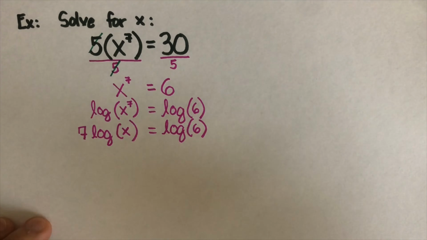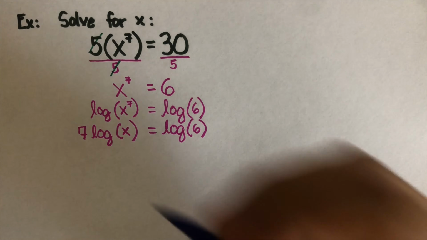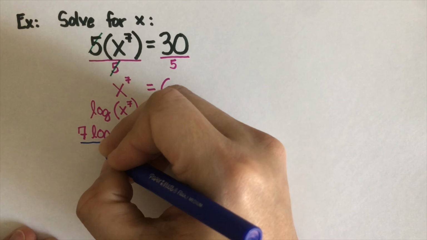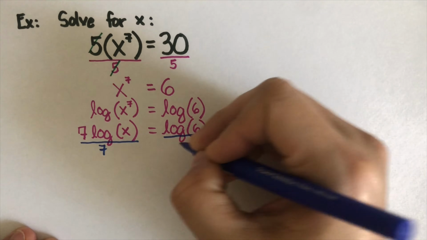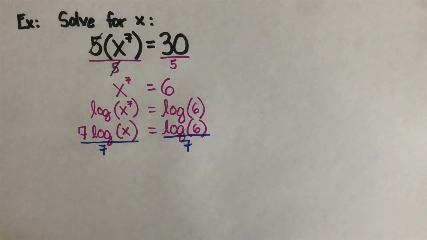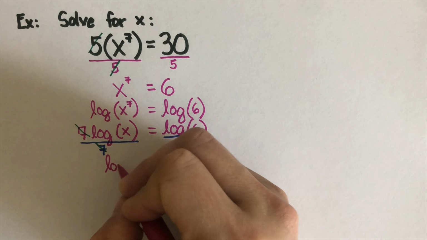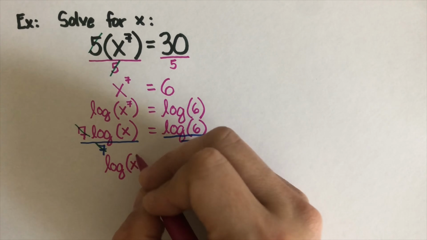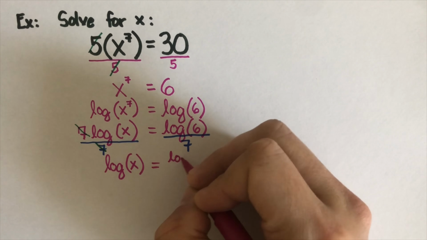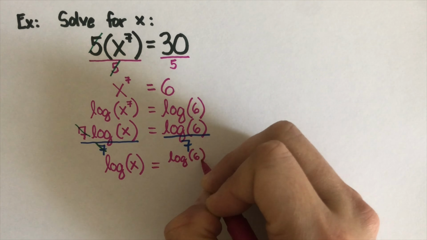We want x by itself, so we are dividing both sides by 7, so that I can cross the 7 out. I am left with log of x equals log of 6 over 7.